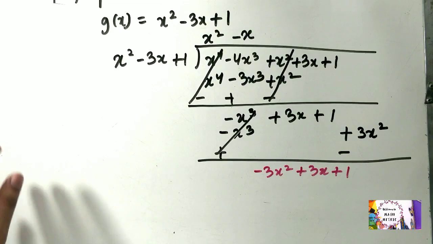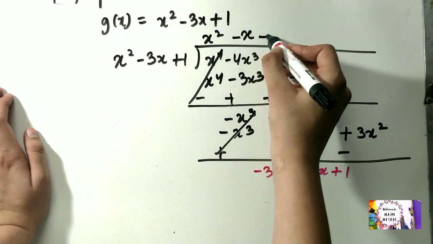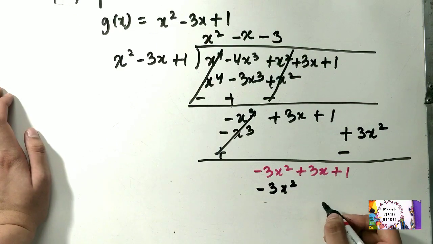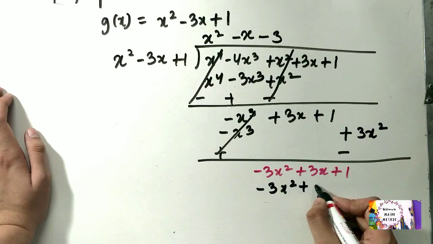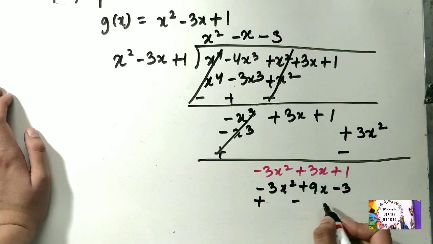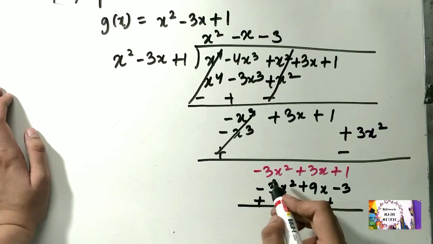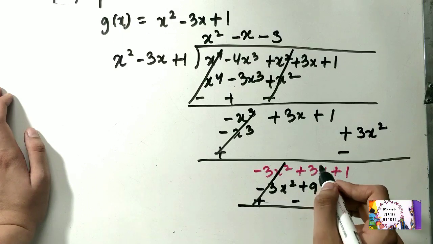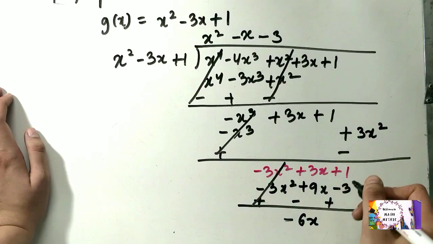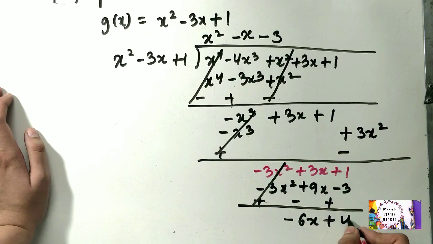Now by which quantity should it be multiplied? Minus 3 to get minus 3x square. Now we'll get plus 9x here and minus 3 here. So changing signs, this gets cancelled. 3 minus 9 is minus 6x and 1 plus 3 is 4.